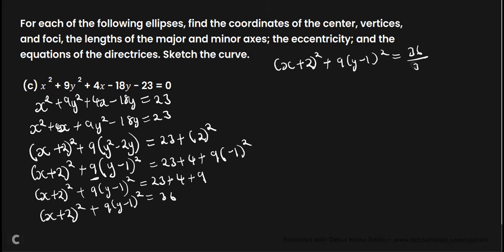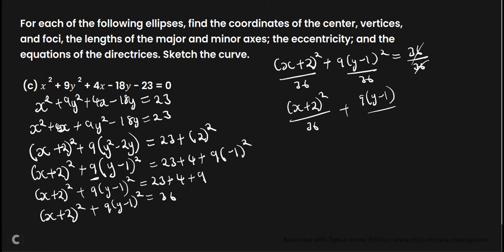You divide everything by 36, this and that. Then this part remains the same. 36 plus 9 here, that is y minus 1 over 36 equal to 1, such that you have x plus 2 squared over 36 plus 9 into 36.